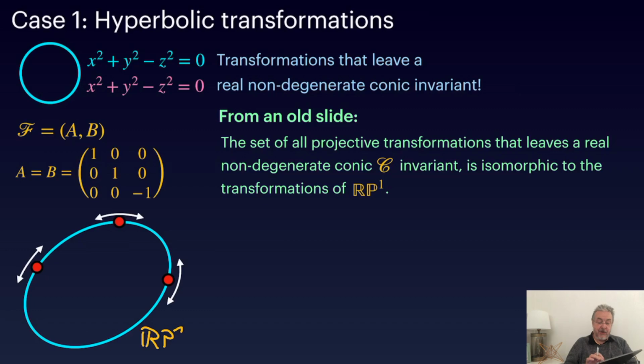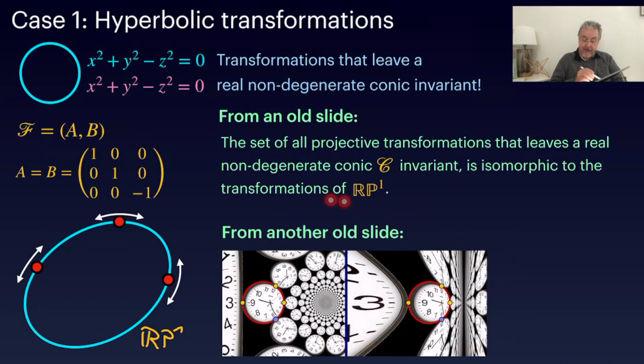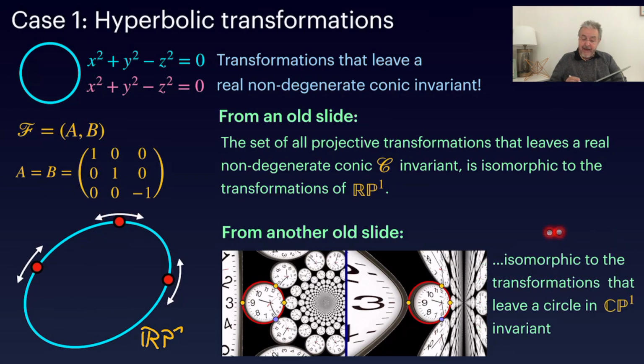Here comes another déjà vu. You may remember from another slide that we learned that these transformations are essentially the same as the transformations that leave a fixed circle in the complex projective line invariant, in CP1.